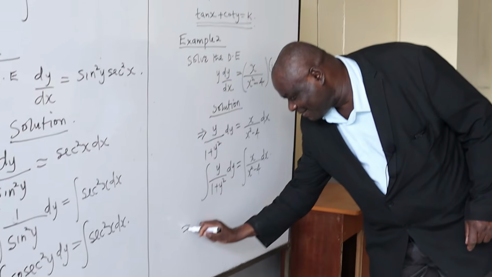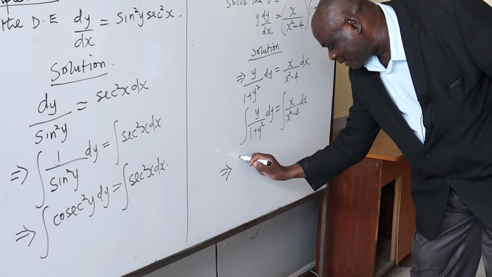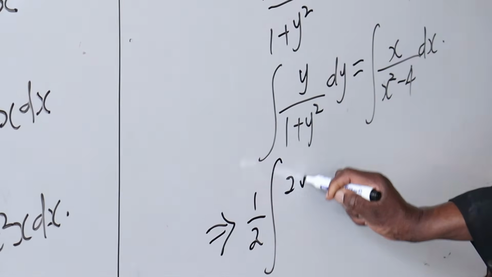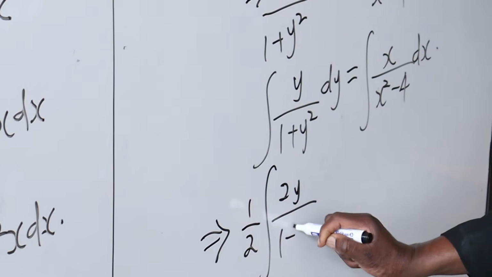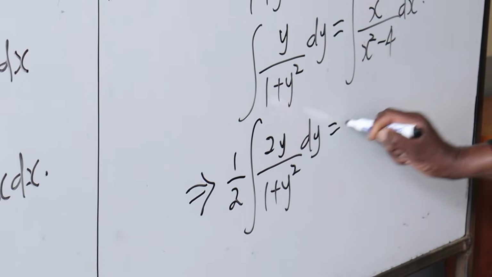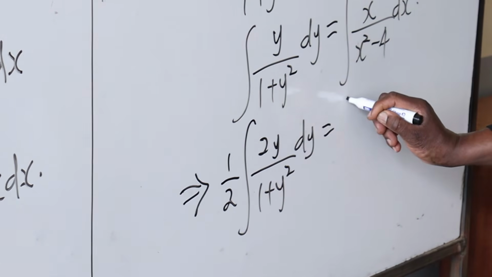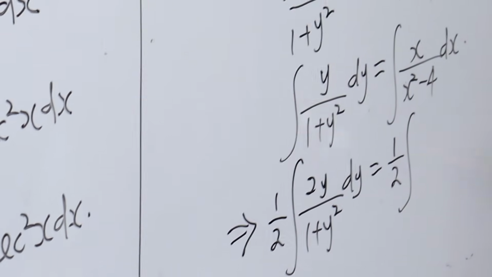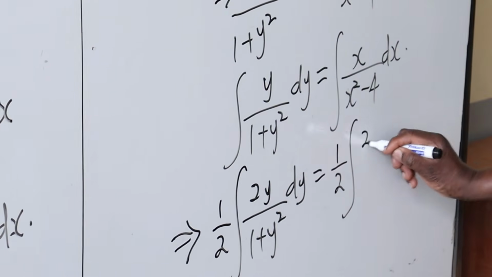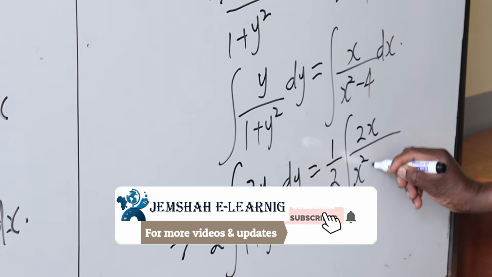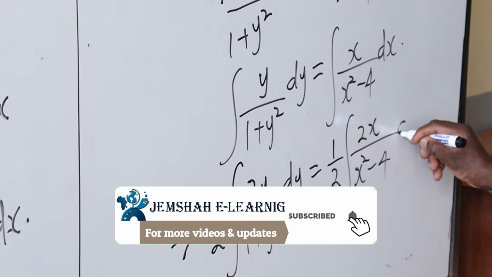That is now, here we'll have 1 over 2, the integral of 2y all over 1 plus y squared dy is equal to 1 also over 2, the integral of 2x all over x squared minus 4 dx.